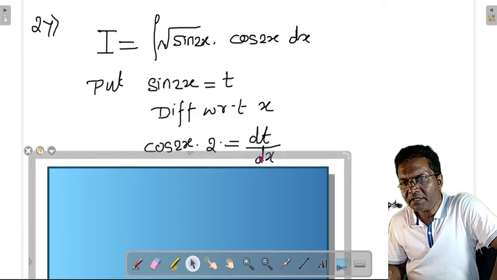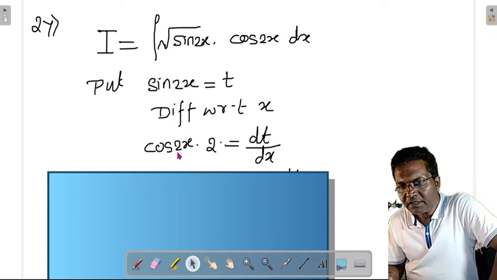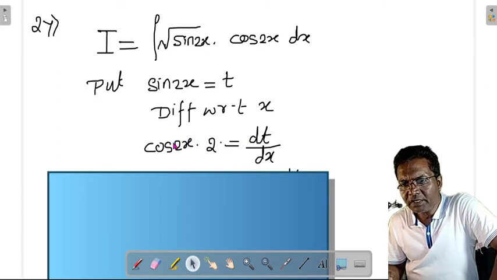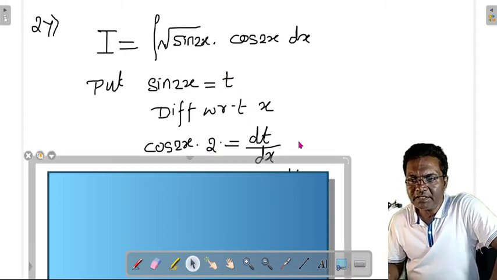On differentiation of this, the derivative of sin 2x is cos 2x. Further, the derivative of 2x, a composite function, you have to differentiate this 2x. The derivative of 2x is again 2, equal to the derivative of t with respect to x, that is dt by dx.